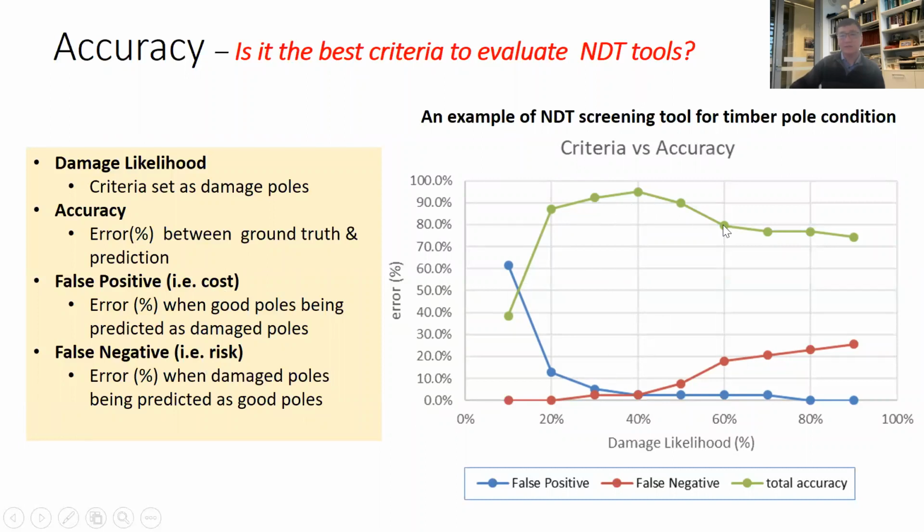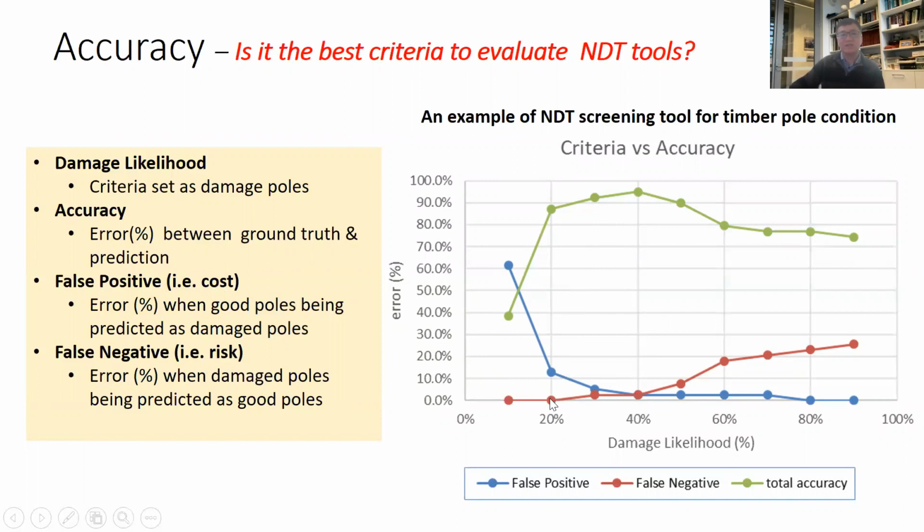If you look at this graph, when you set different damage likelihoods as criteria for bad poles, it gives you different results. The highest accuracy is when you set 40%, but that may not be the best for industry.